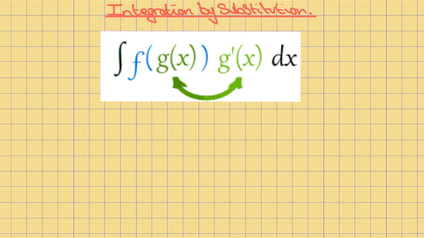You can see the function g of x and its derivative g dash of x. You can look at g of x as the parent function and g dash of x as the baby function.